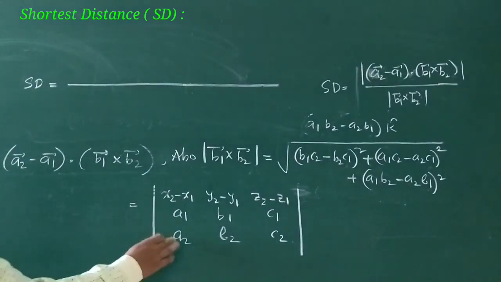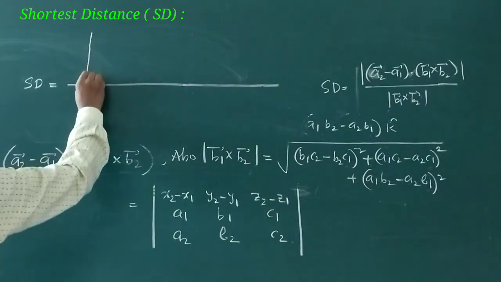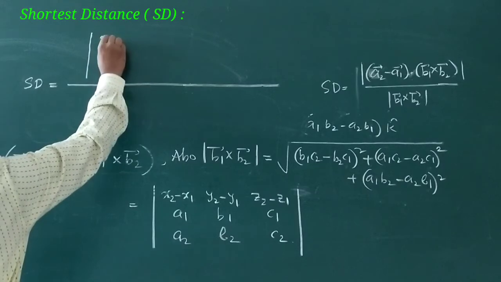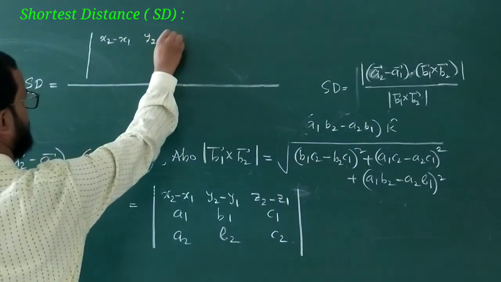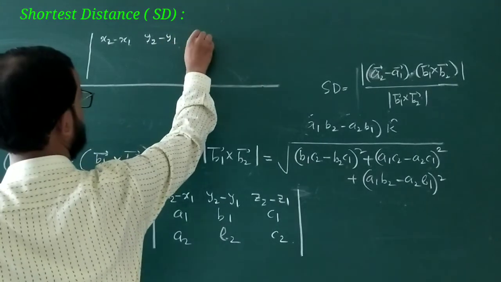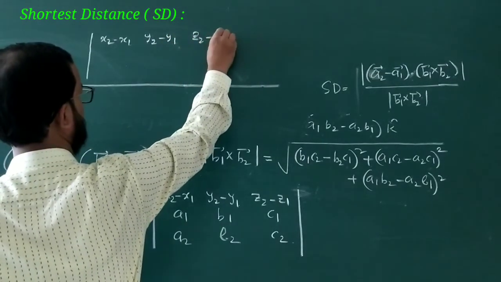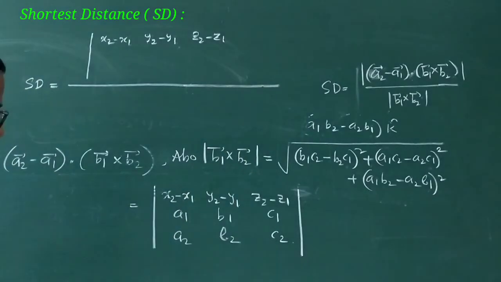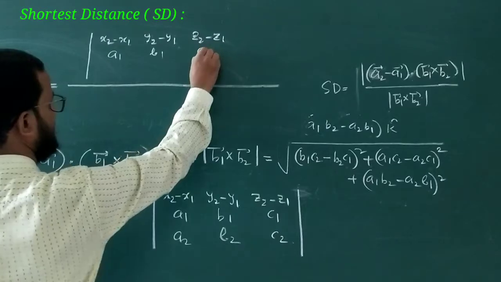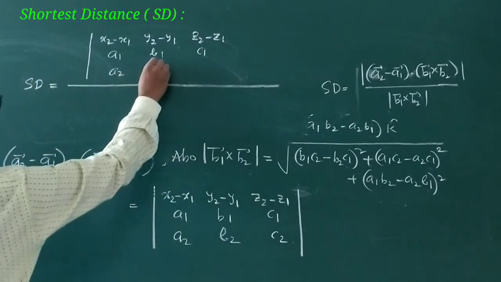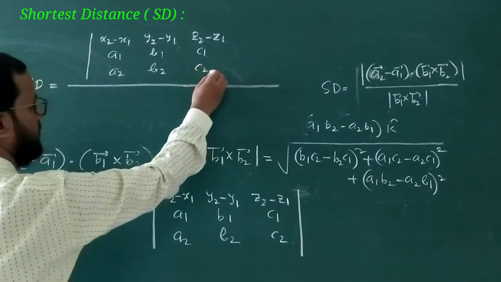The determinant with first row x2 minus x1, y2 minus y1, z2 minus z1, and then a1, b1, c1, and a2, b2, c2.